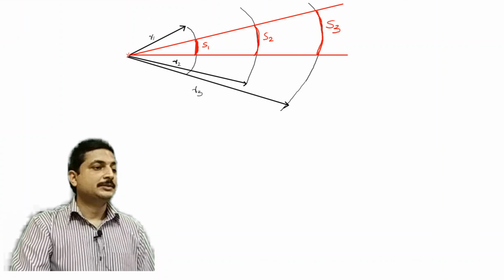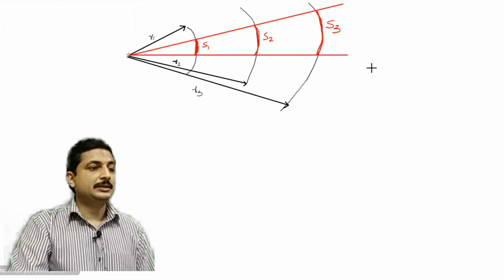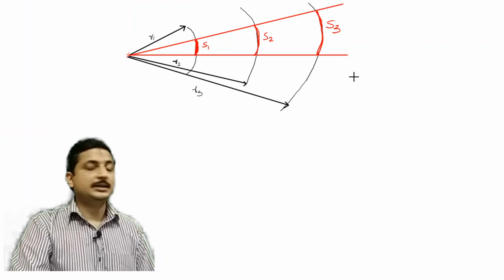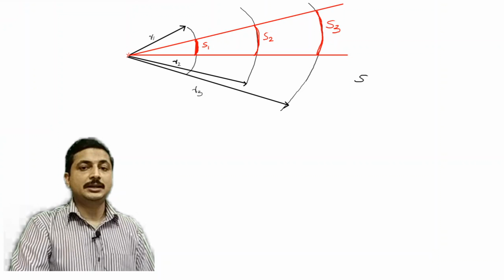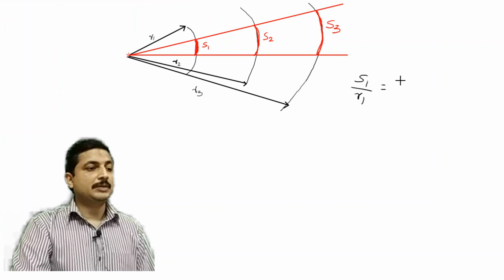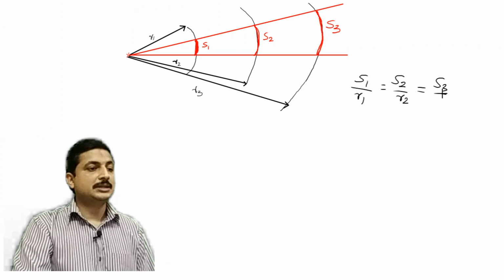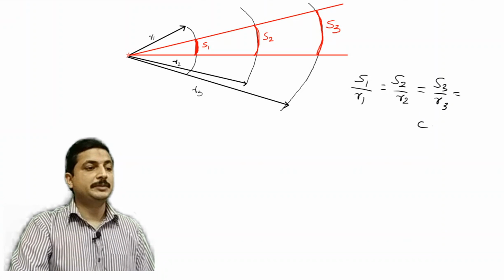So as we mentioned, arc length by its radius will be a constant. What it means is, the ratio of arc length S1 by R1 will be equal to S2 by R2, which will be equal to S3 by R3, and this will be a constant. That is the idea.